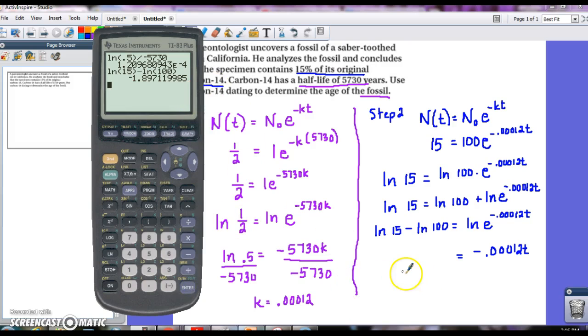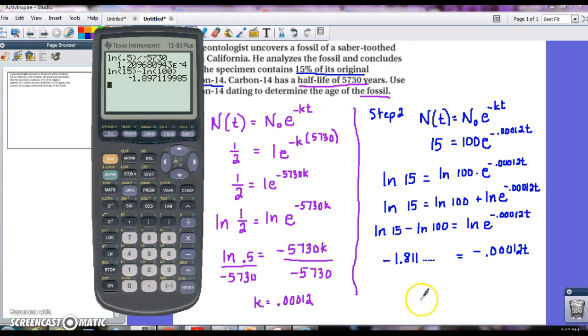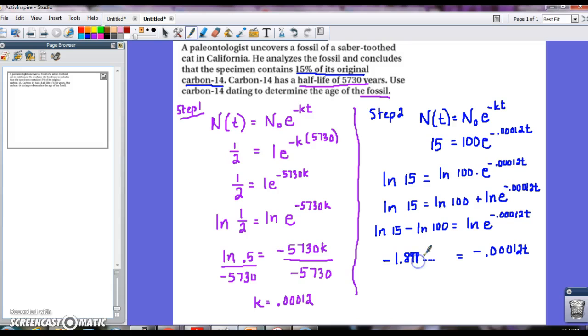It gives you this long decimal, negative 1.89711. If I now divide both sides by negative 0.00012, then I can figure out what t is.